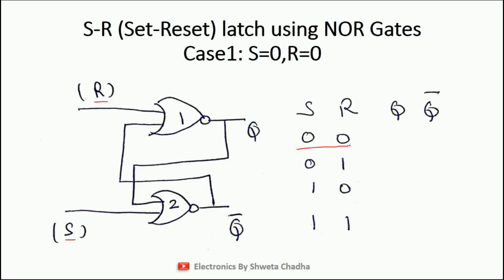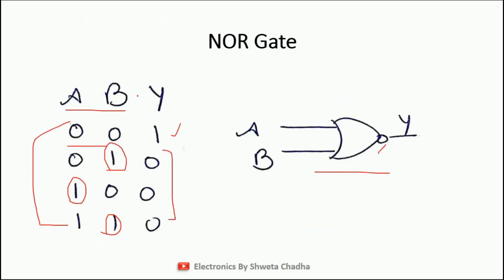The first case is when S is equal to 0 and R is equal to 0. Now, as per the discussion I have just done, the conclusion for the NOR gate says that when a minimum of one input is equal to 1, only then can we simplify the gate.